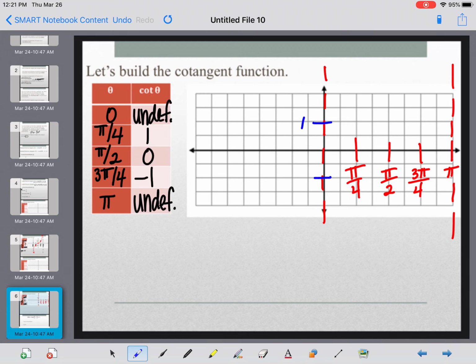Make this +1, -1. So same idea as tangent, but since those middle values were reversed, the direction of our graph is going to be reversed.